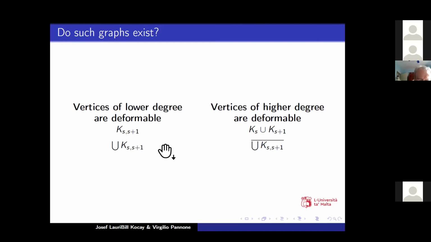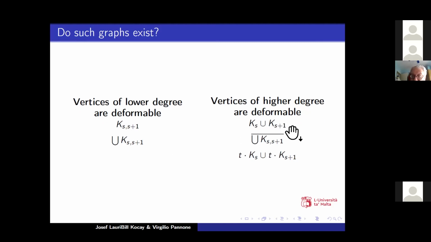So if we take the complement of this, we'll get a graph in here. Similarly, we can duplicate this graph. We need not have the same number of copies of K_{S,S+1}. We can have 2 of these and 3 of these, for example.